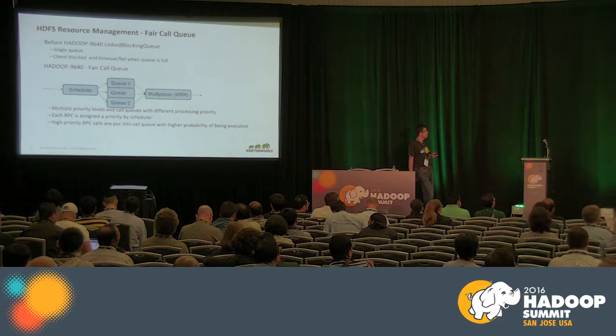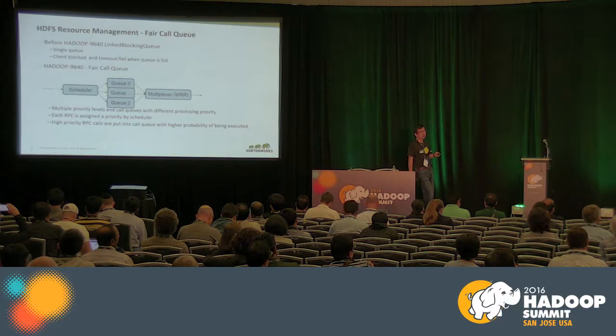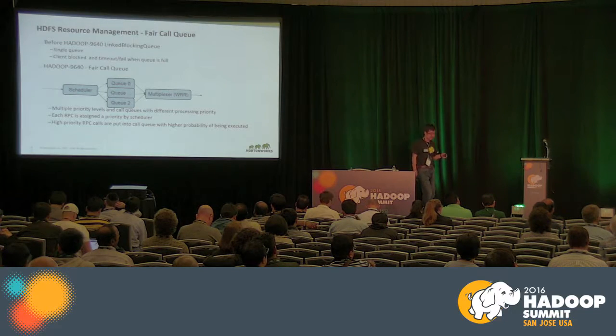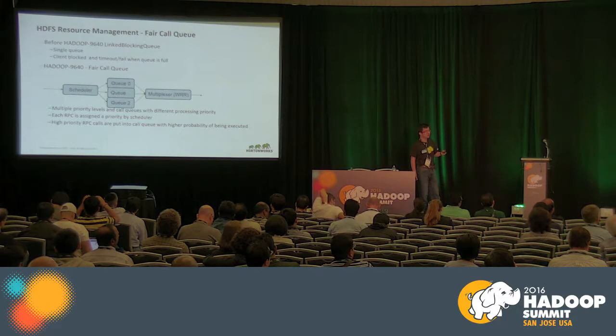Hadoop 9641 is an important feature that introduced multi-level call queues to replace the traditional single-level linked blocking call queue that serves all the requests. With the dedicated service RPC and liveness RPCs, the client RPCs will all go to the same call queue, and there is still a chance a single offending job can monopolize all the call queue resources.